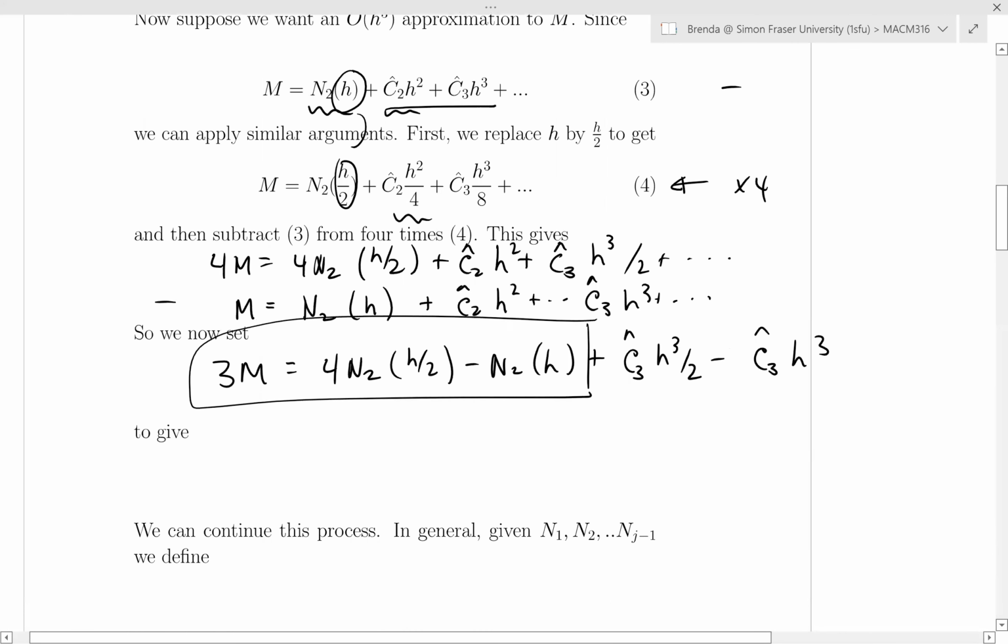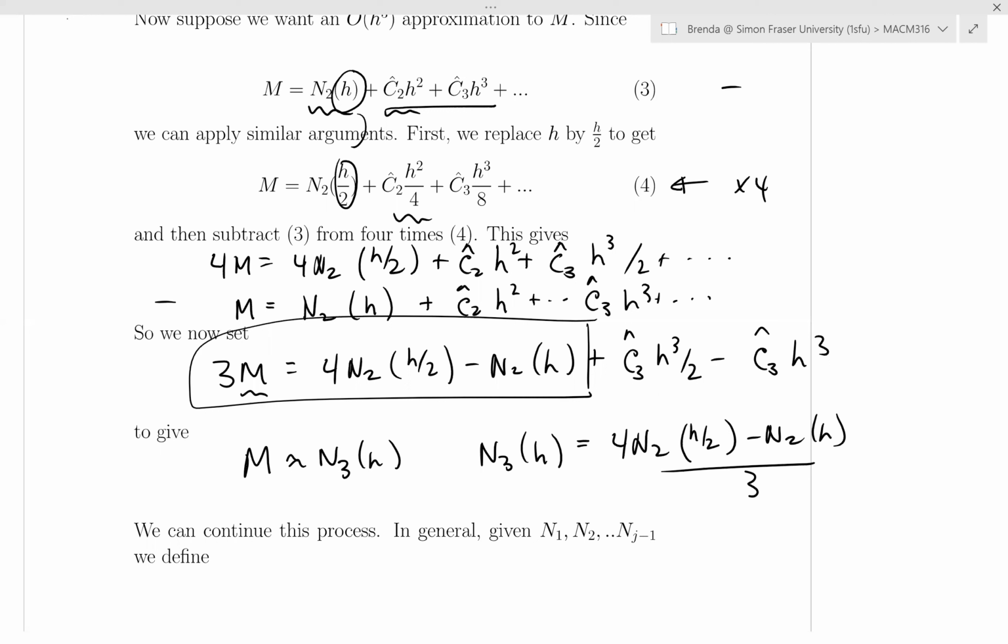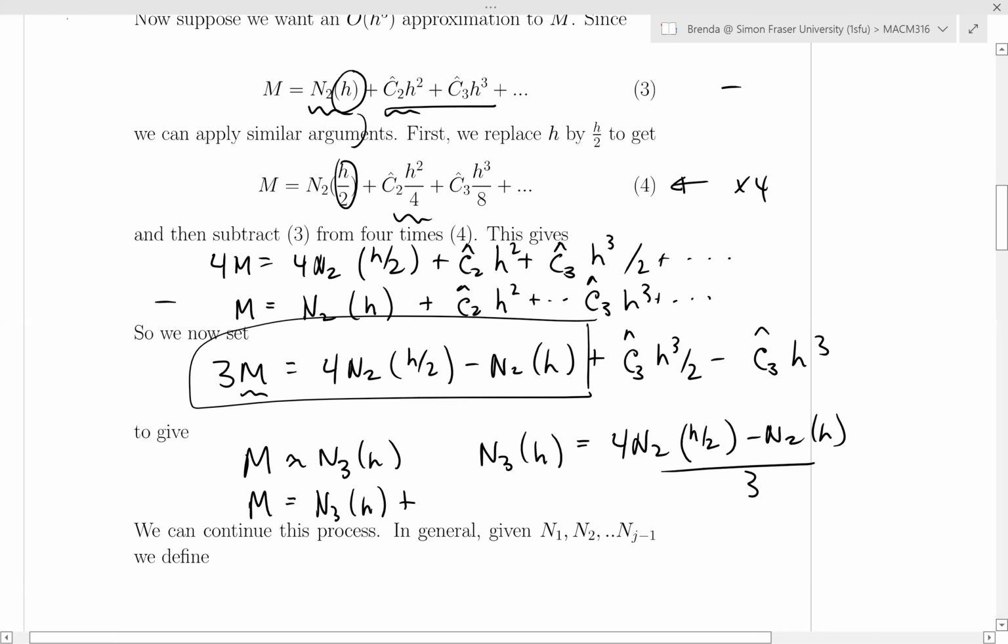We're still trying to find an approximation for M. I'm going to say M is approximately N3 of H, and N3 of H is going to be 4N2 of H over 2 minus N2 of H, all over 3. And M is equal to N3 of H plus an error term, which is now O(H cubed).